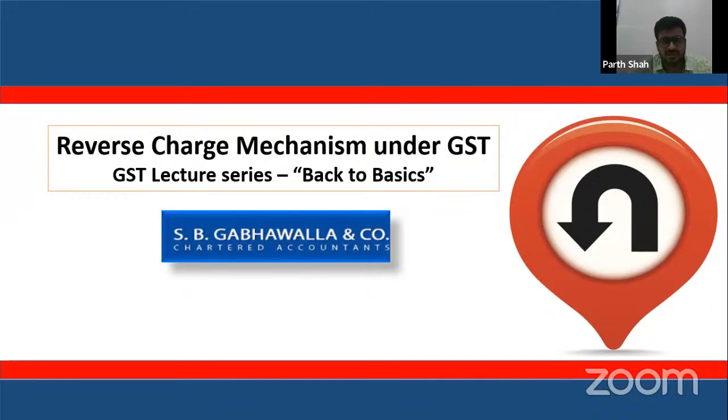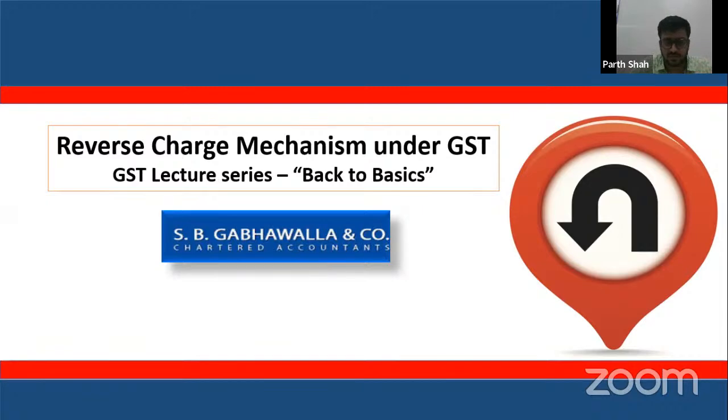There are certain sectors wherein you will be baffled as to why they are still under RCM. But more or less, generally when the government is not able to keep a track or catch hold of the smaller individual suppliers, that is where they introduce RCM so that tax can be collected on those supplies as well.